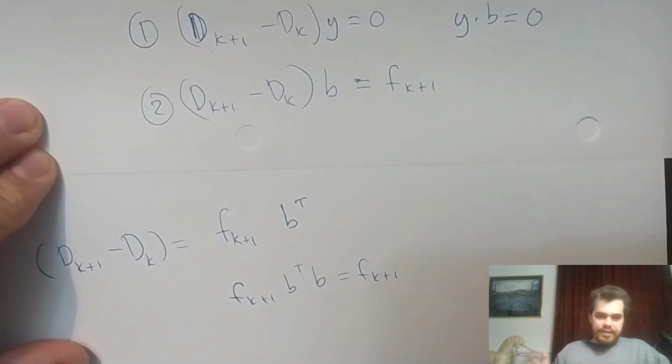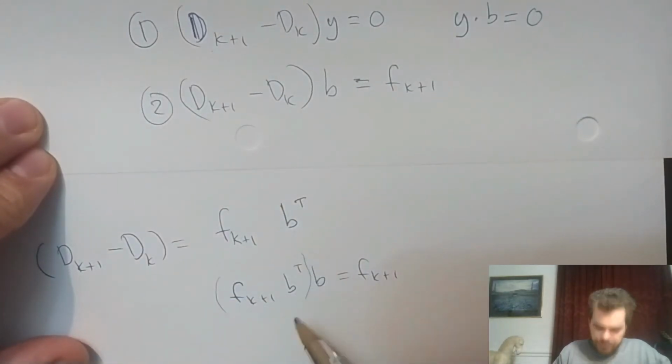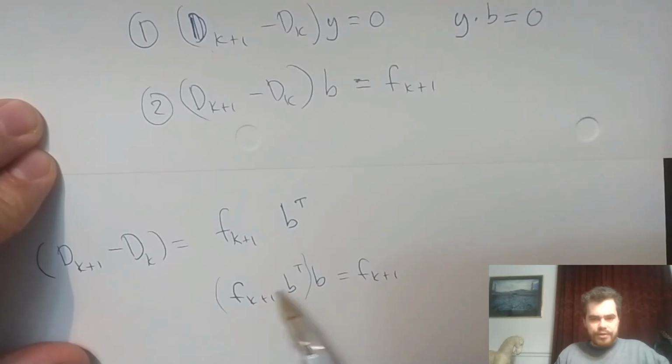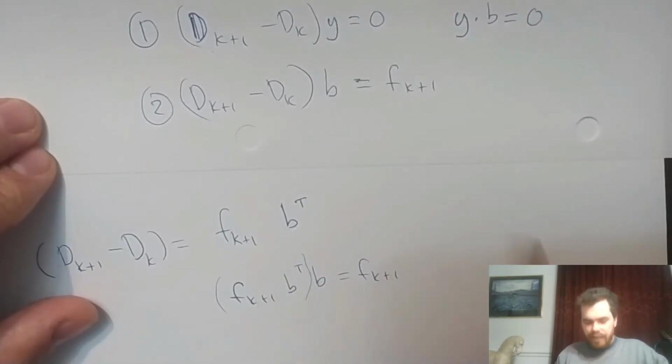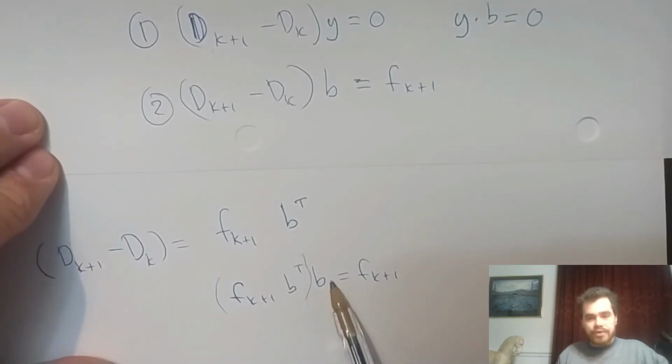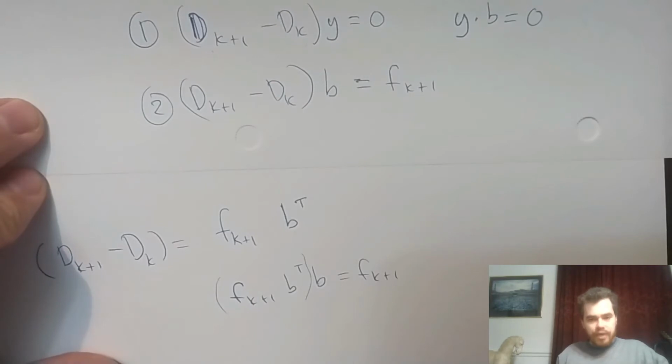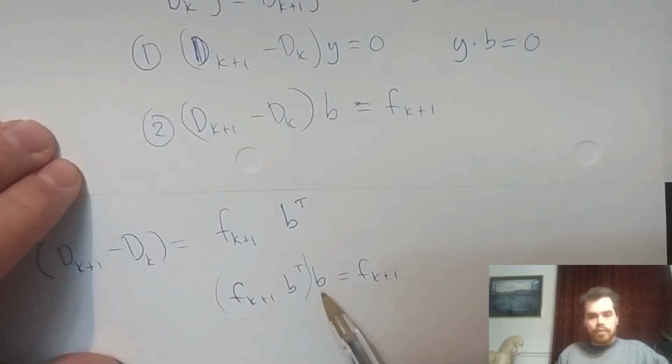When I first looked at this, I got so locked into thinking about this. I was thinking, well, that's a matrix. Okay, how do we condense this matrix down? And I missed what was staring me in the face: b transpose times b, that's a dot product. That's a scalar. When we multiply b by b transpose, we're flipping this column vector b on its side to multiply this row vector b transpose, and that becomes a single number, a scalar.